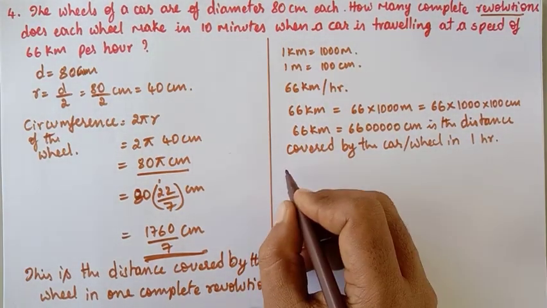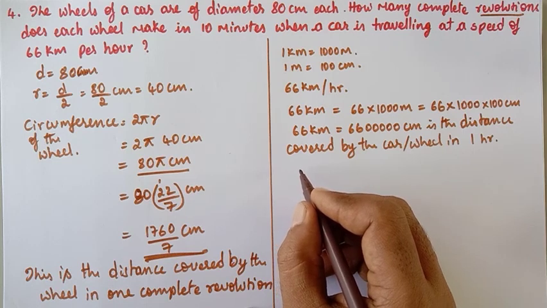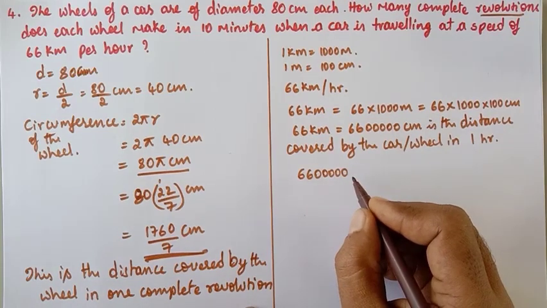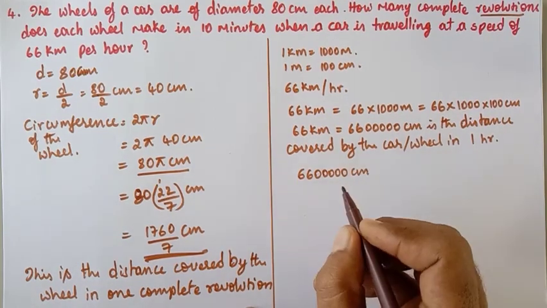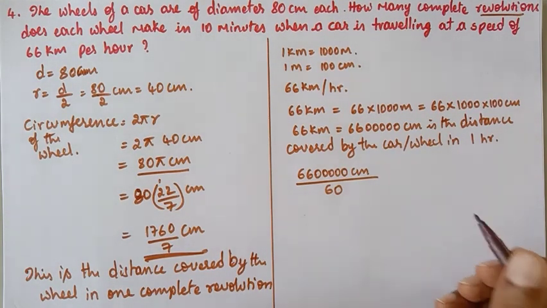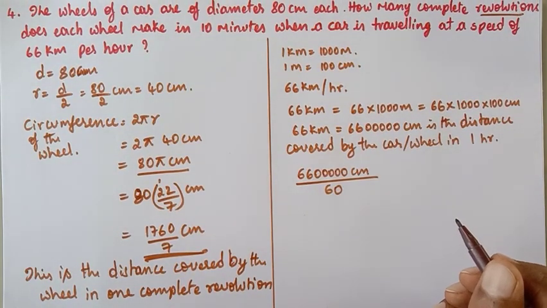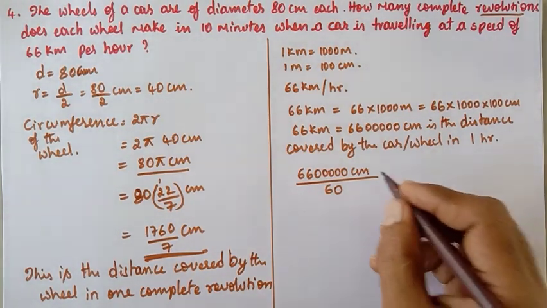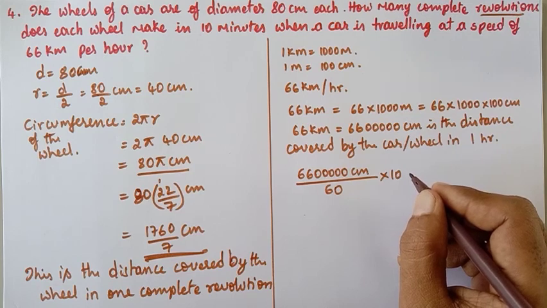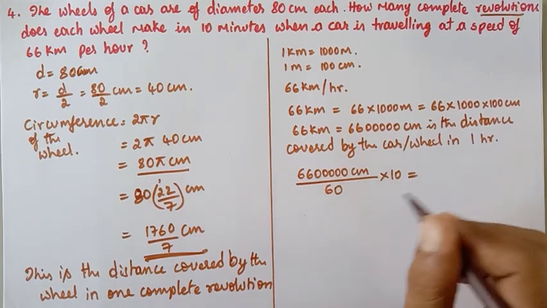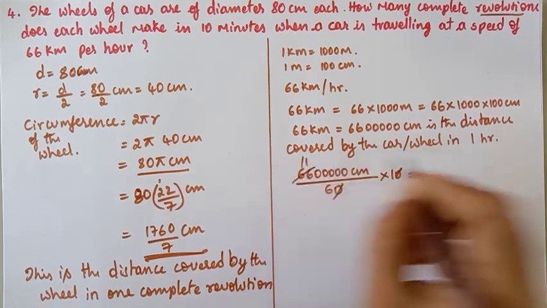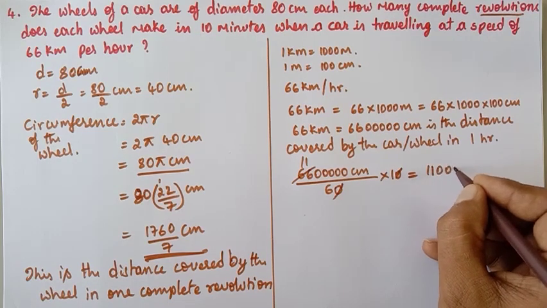So when 66 lakh centimeter is divided by 60, we will get the distance covered by the wheel in 1 minute, and so we will multiply it with 10. So we will be getting the distance covered in 10 minutes is equal to, 0 cancels, so here 11 lakh centimeter.